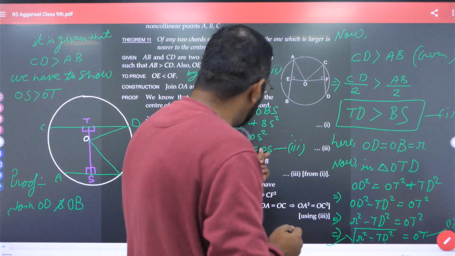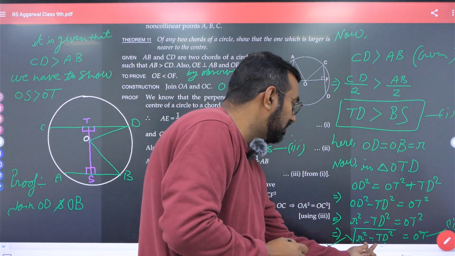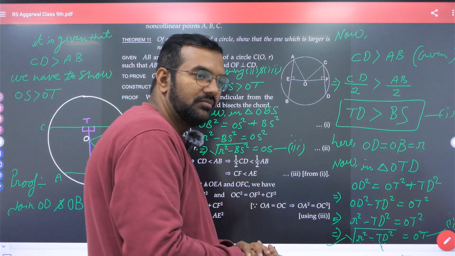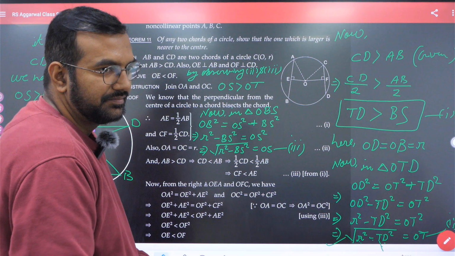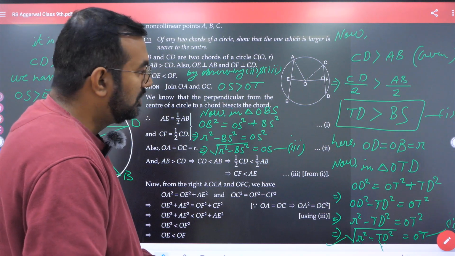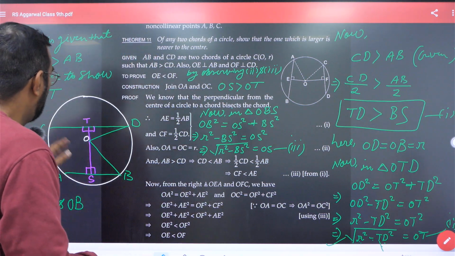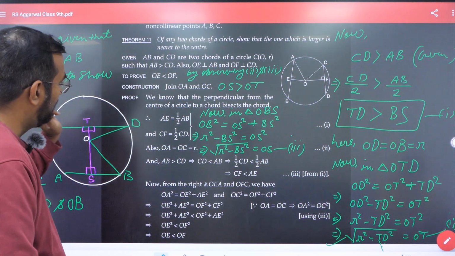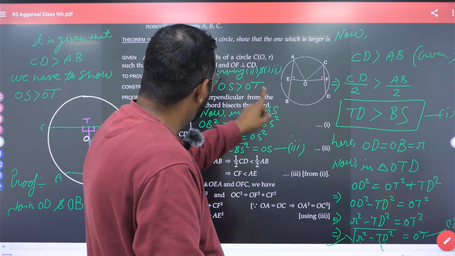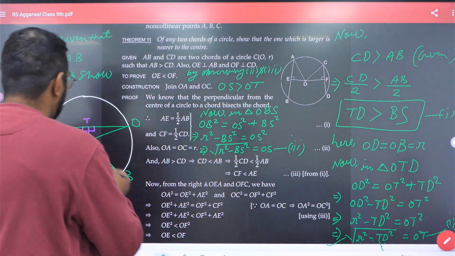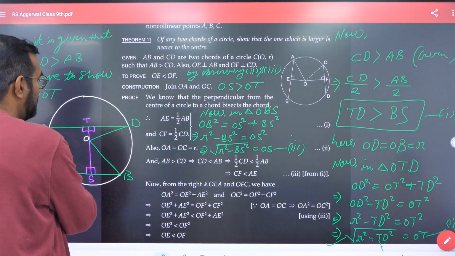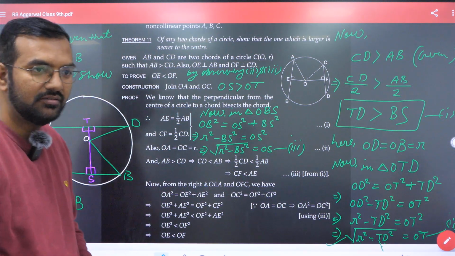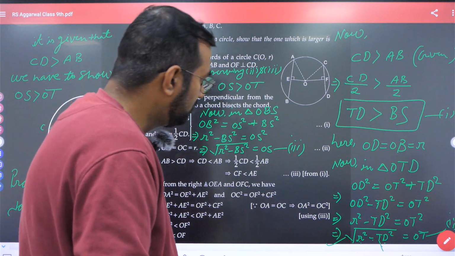OS is greater than OT because we are subtracting more in this case from R square, and here we are subtracting less from R square. Okay. So what we can say? We can say ki chord which is larger is nearer. Here OT is less than OS, na? OT is less than OS means ki the distance of CD is less than the distance of AB, right? Okay.